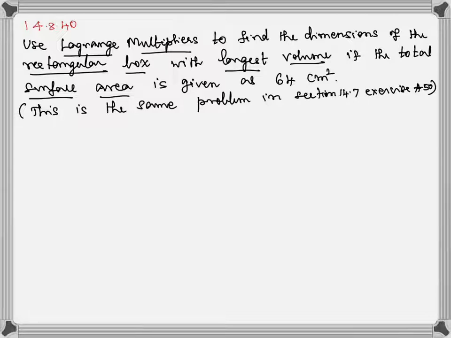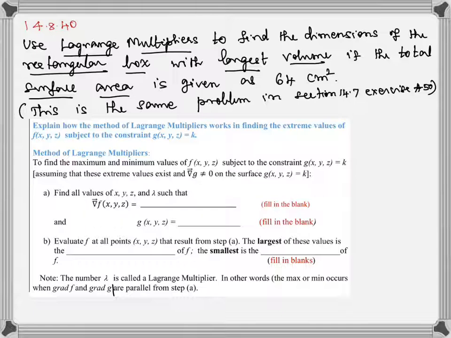So first let's see what the method of Lagrange multipliers tells us. Explain how the method of Lagrange multipliers works in finding the extreme values of f(x,y,z) subject to the constraint g(x,y,z) = k.